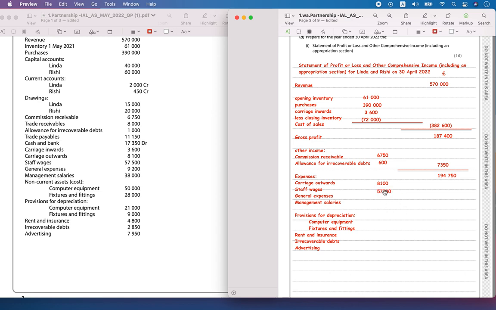And then we have the general expenses of around 9,200. Then management salaries were around 38,000. So let's write that.